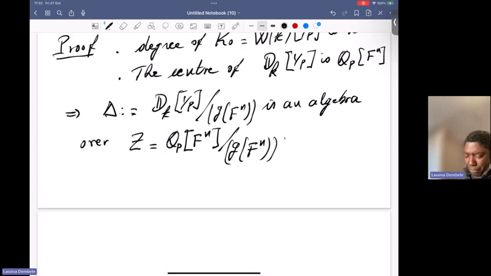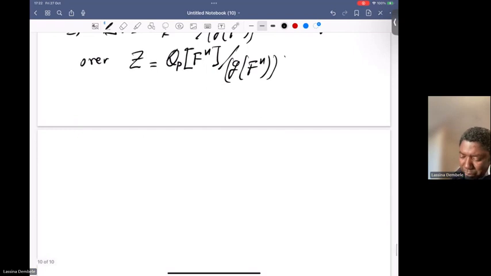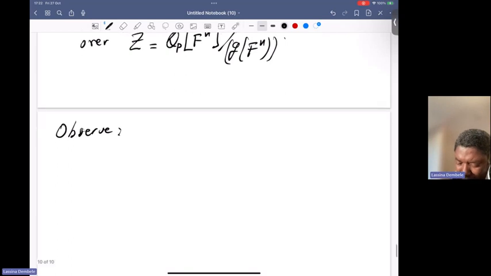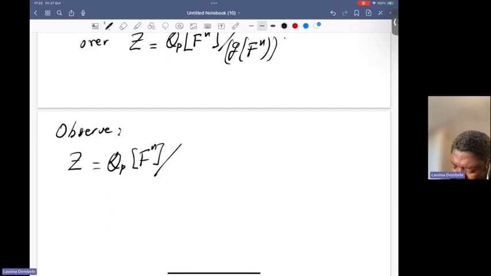Now we observe that we can rewrite Z, right? So Z, as we just saw, would be QP f to the n quotiented by G f to the n. And we can rewrite this. What I'm doing here is basically kind of redundant.